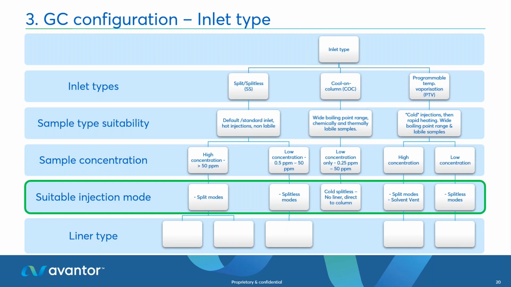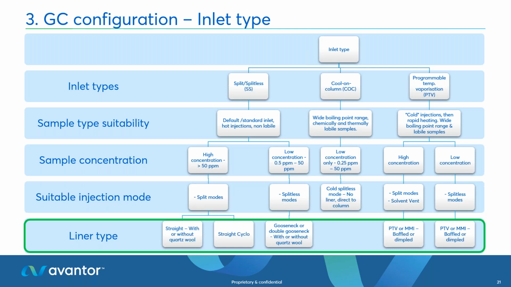There are a number of different modes. I won't go through them all today, but I'm just going to mention split mode and splitless mode for the splitless inlet. With the cool-on-column inlet, we can only do cold splitless, and there's no liner. So again, understanding that is where you can see what you can actually do with that inlet compared to, say, a splitless. Then with PTV, we have split modes, splitless, and a few other different types of injection modes available.